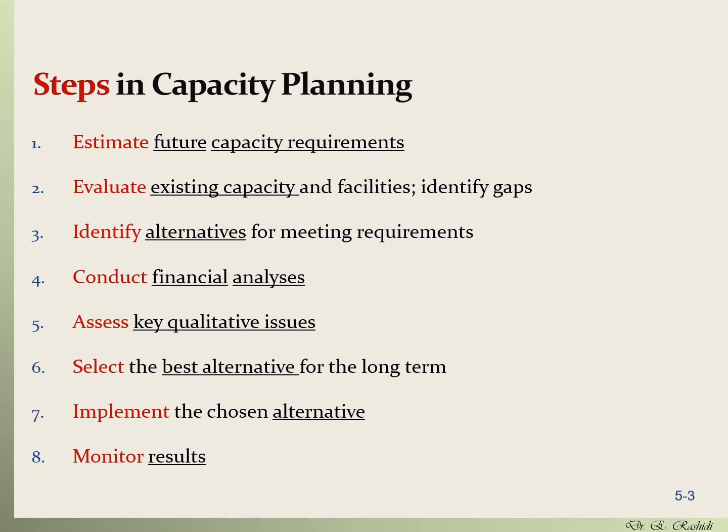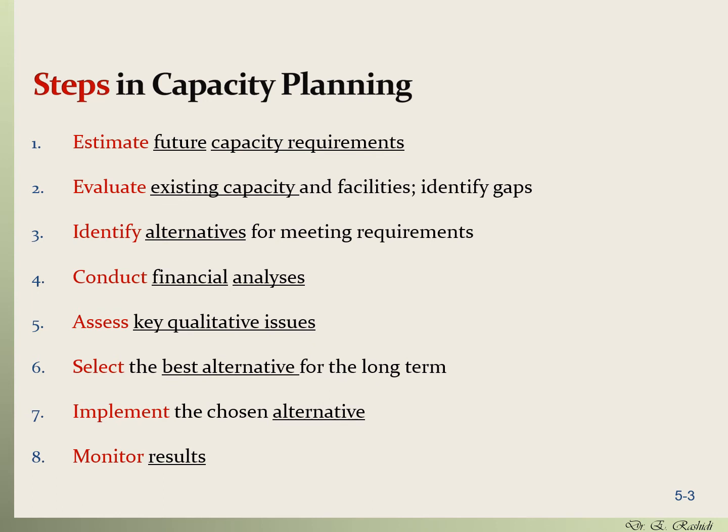Then after you identify those, you have to conduct some financial analysis to see the cost benefit of each of these options. You have to be careful about all of the aspects and assess the key qualities of issues for each of the alternatives that you have.